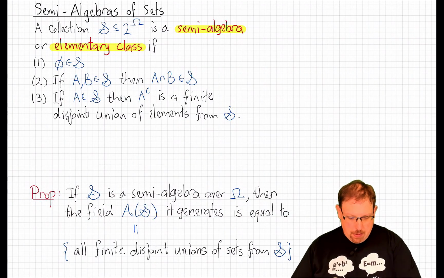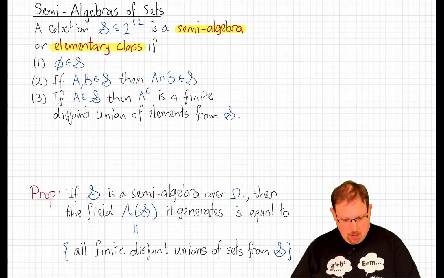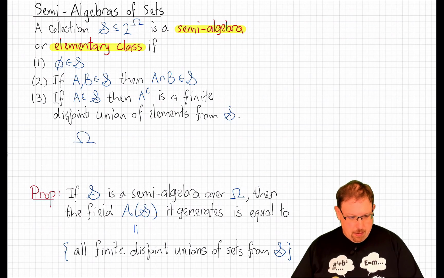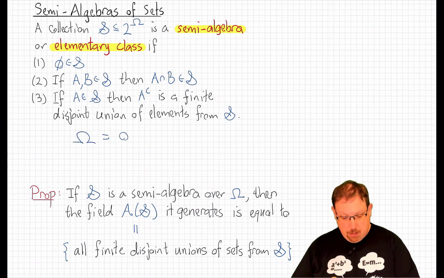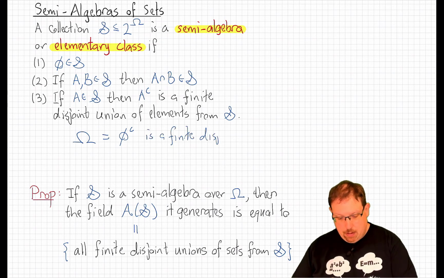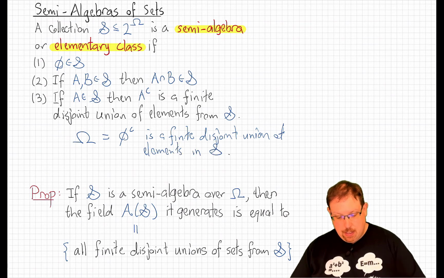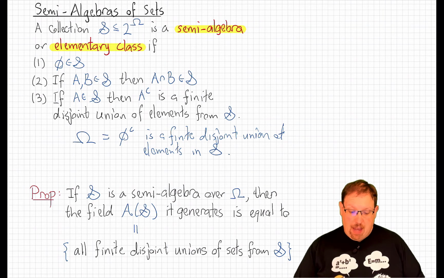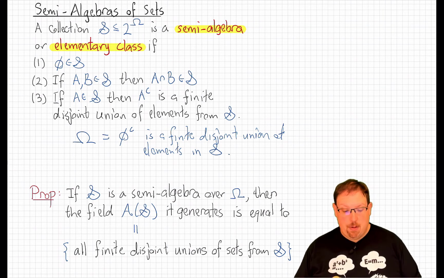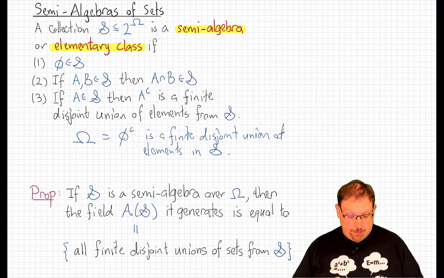Now note, from the definition, the whole sample space omega, which is the complement of the empty set, is a finite disjoint union of elements in S. That's always true in a semi-algebra. For the half-open intervals, the full space R is already a half-open interval, not just a disjoint union of one.